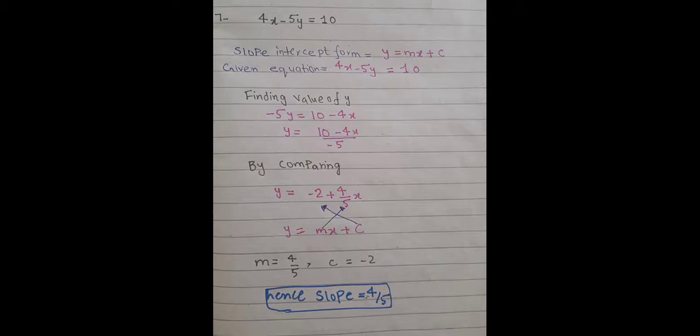For finding the value of y, we rearrange the equation: -5y is equal to 10 minus 4x, and -5 is moved to the right hand side, and we get the value of y. By comparing y with the slope intercept form, we get m, which is the slope, is equal to 4 over 5, and the y intercept is equal to -2.